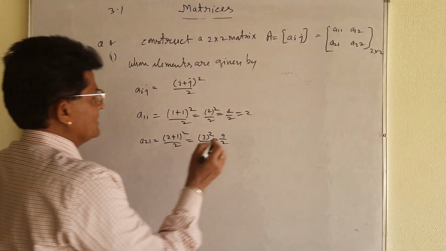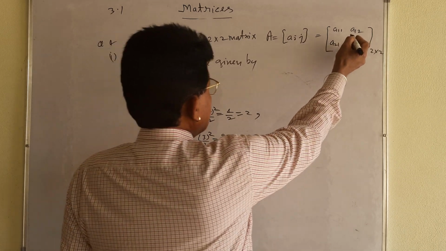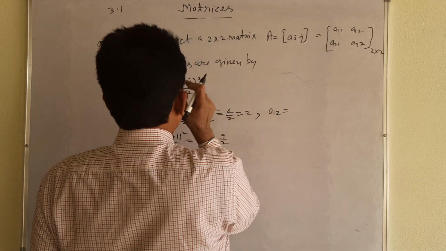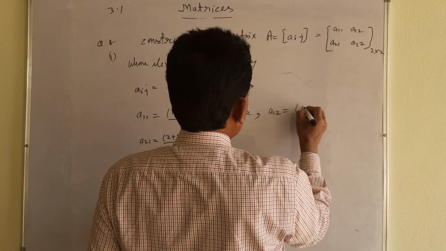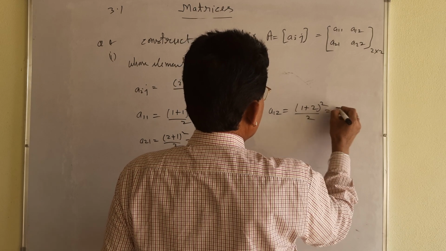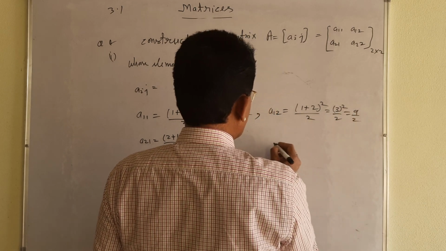Okay, all right. Next you take A12. I1 J2, that will be I1 or J2 square divided by 2. Okay, it will be 3 square by 2, means 9 by 2. It is also 9 by 2.